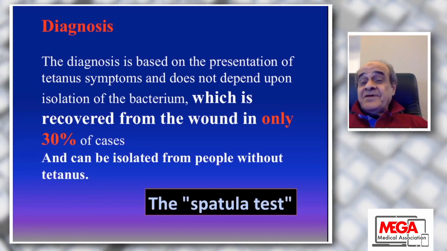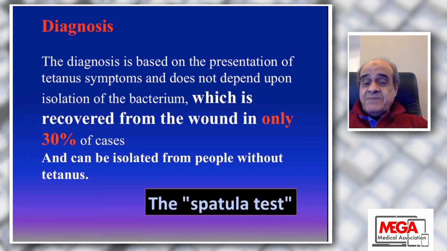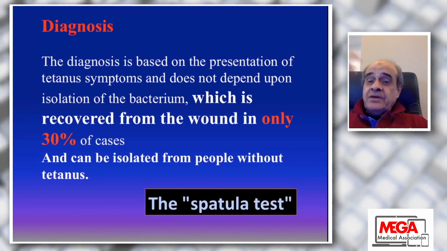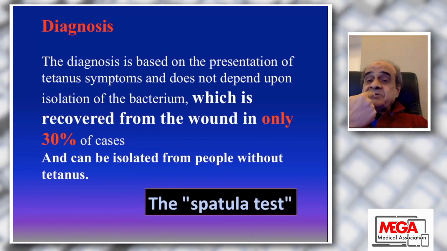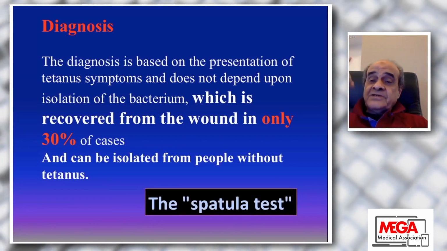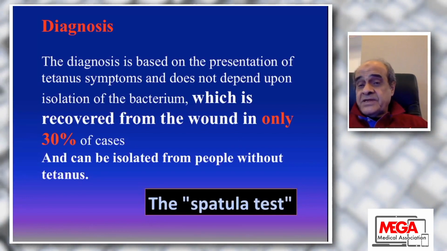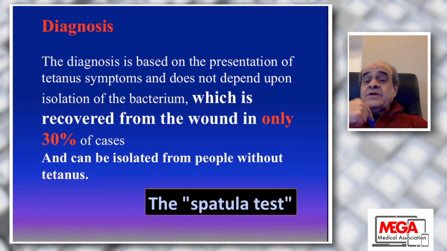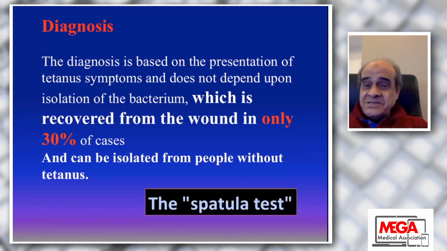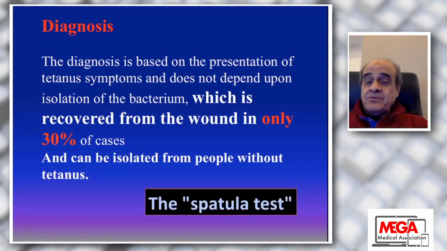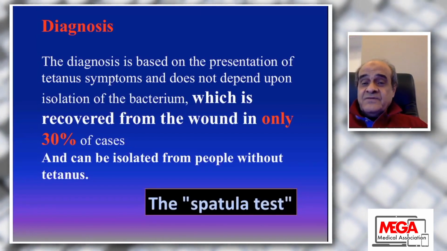There is a very simple test for diagnosing tetanus: the spatula test. You can introduce a tongue depressor into the patient's mouth, and the touch will provoke convulsions and the locked jaw. The ordinary response to a spatula test is that the patient will gag, vomit, and cough. But in such a situation, the patient will start to bite the spatula and you elicit contraction of the face muscles.